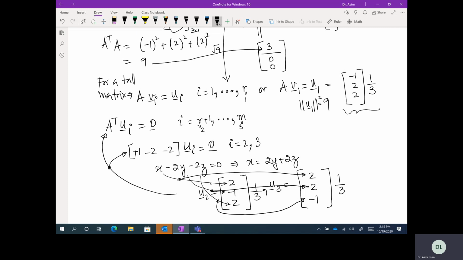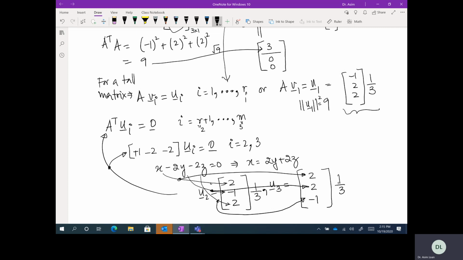So 2 minus 4 is minus 2 plus 2, again this is 0. Are they orthogonal? 2 into 2 is 4, minus 2 is 2, minus 2 is 0. So both are orthogonal, and obviously they are orthogonal to this one. So this is minus 2 plus 4, which is plus 2, minus 2, which is 0.